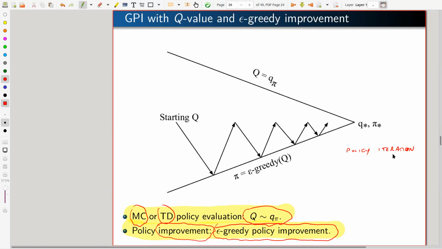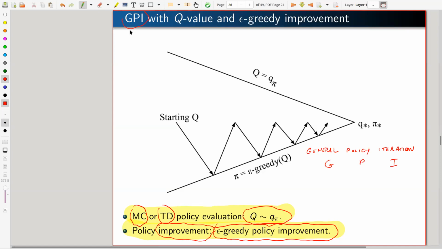I told you that in the future, that is now, we will do the policy evaluation and the policy improvement in different ways. In this case, we say that we are doing general policy iteration, and the label is GPI. It is something that you find very often.